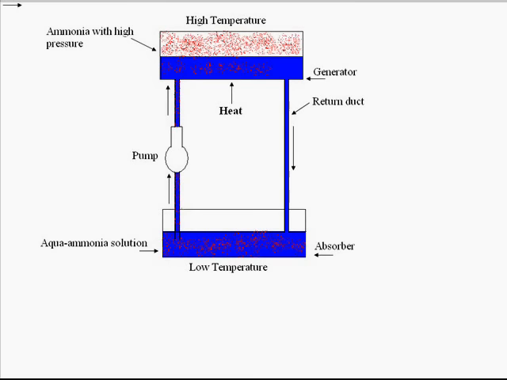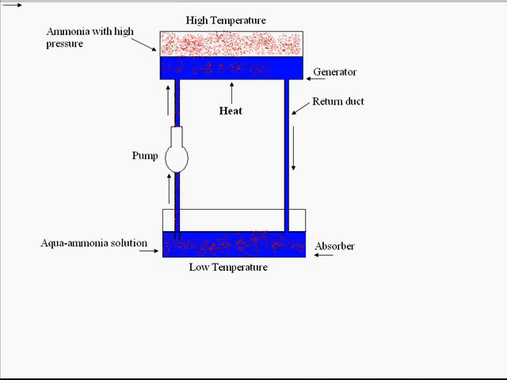Now let us see an arrangement of aqua ammonia solution, in which we can see that there are two vessels. One vessel is the absorber, which is at colder temperature, and one vessel is the generator, which is at higher temperature. In the colder vessel, that is the absorber, there is a solution of ammonia and water, that is aqua ammonia solution. Now with the help of a pump, we are transferring this solution to the high temperature generator.